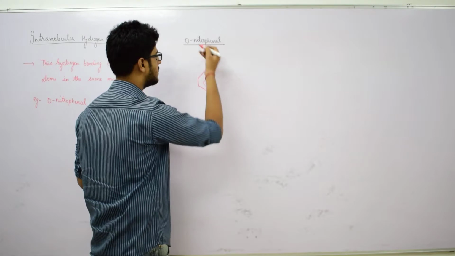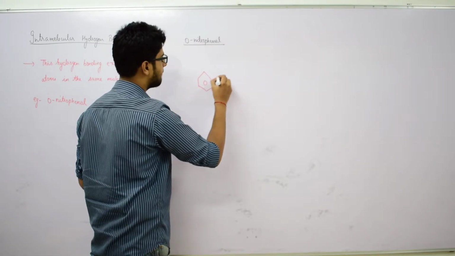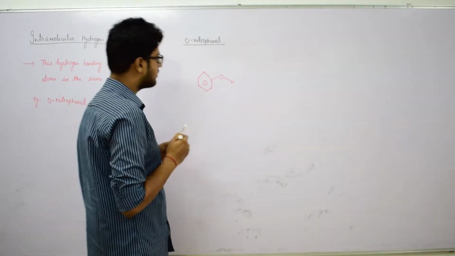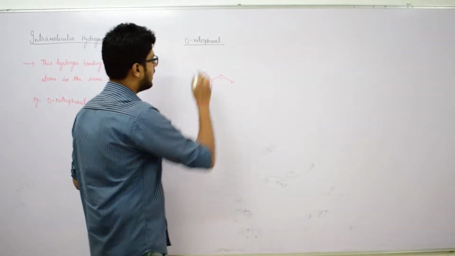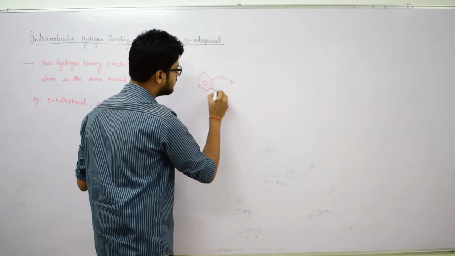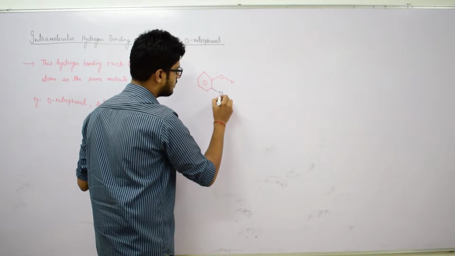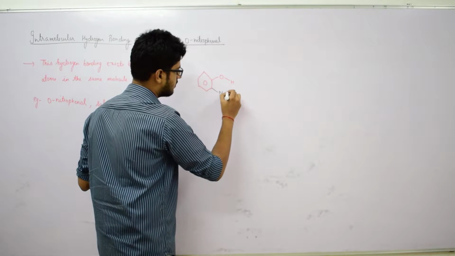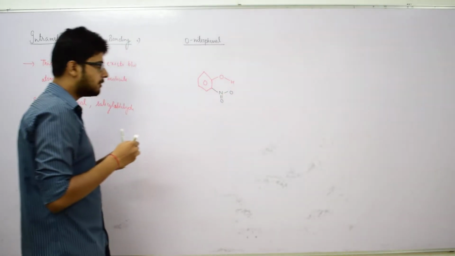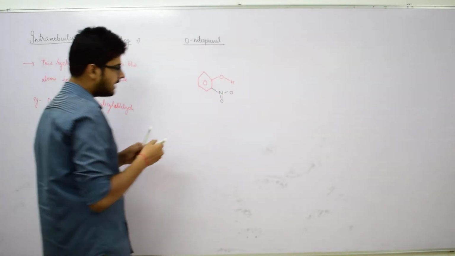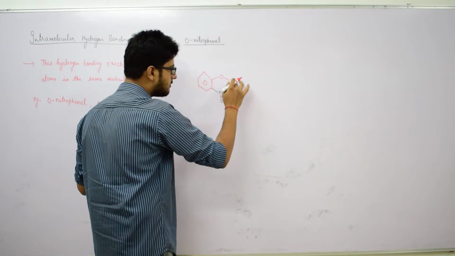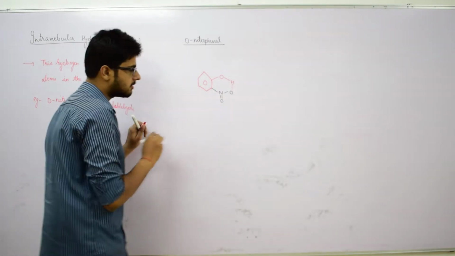Since there is an OH group, this is our OH, phenolic group, and the nitro group is there. This is our nitro group, NO2 group, and there is an intramolecular hydrogen bond between this hydrogen and this oxygen.